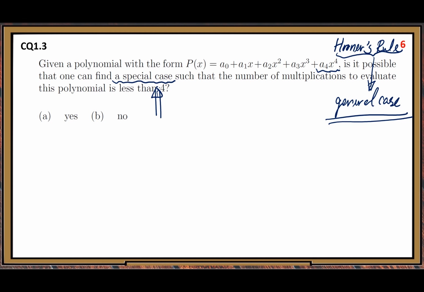You only need to give me one special example. For that example, if the number of multiplications is less than 4, then you can claim the answer is yes. Is it possible? Think about that.